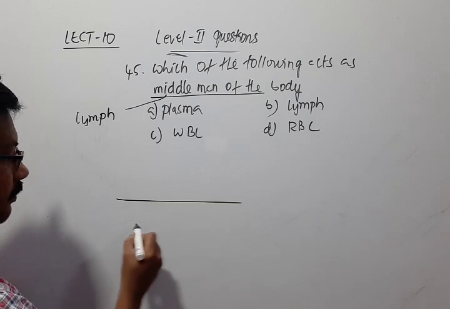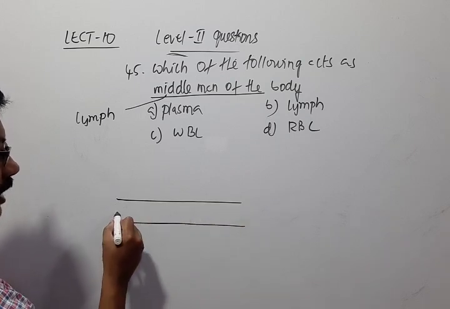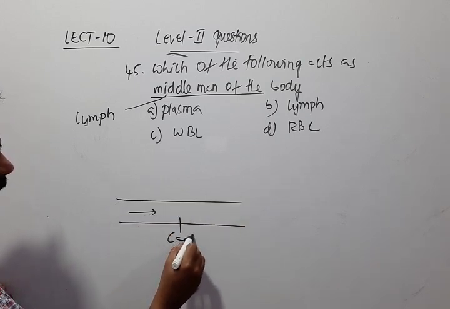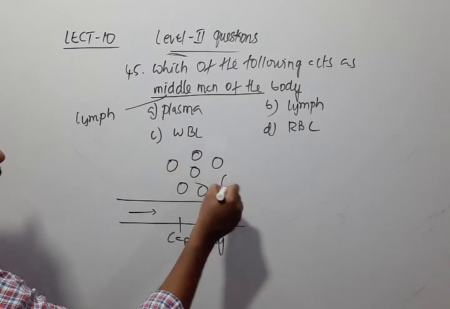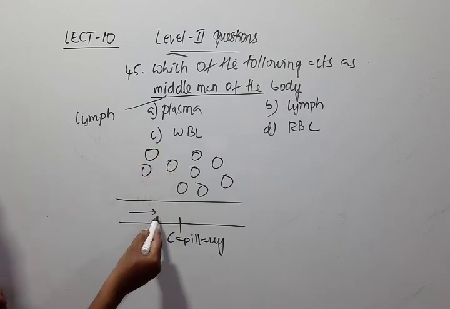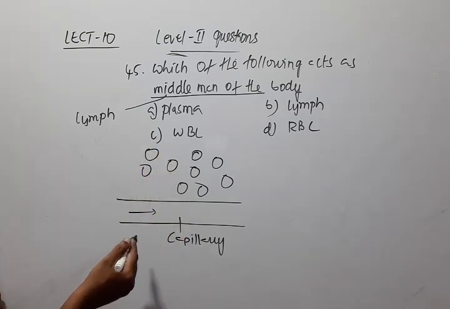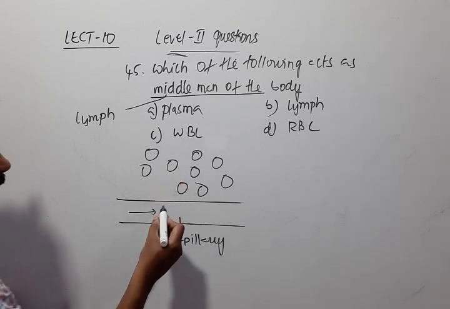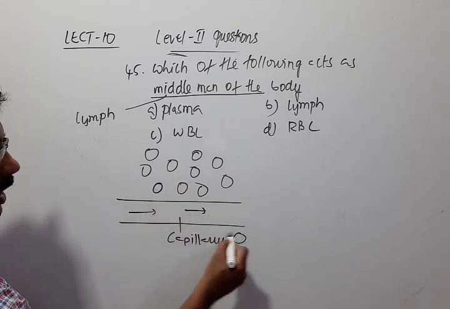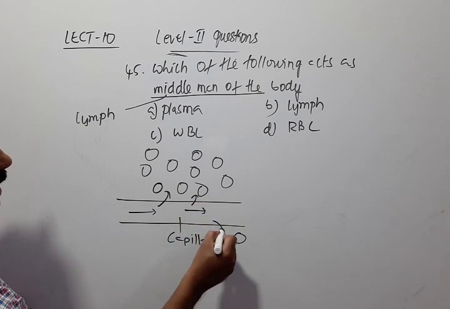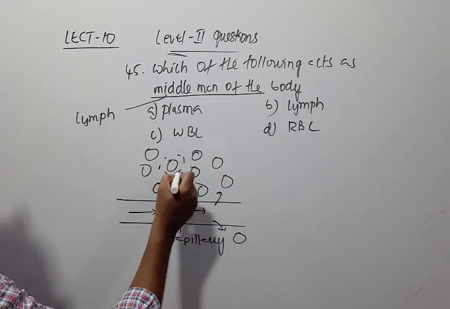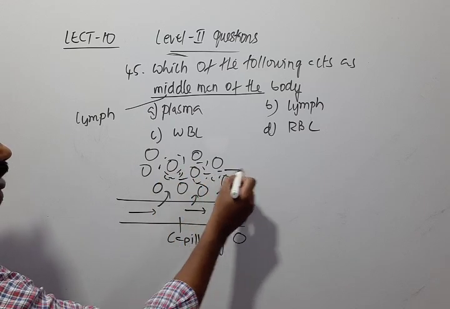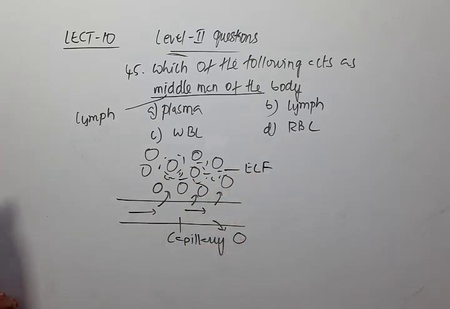When blood passes through the capillaries, some part of the plasma, some WBCs except the RBCs, and other substances move into the spaces between the cells.